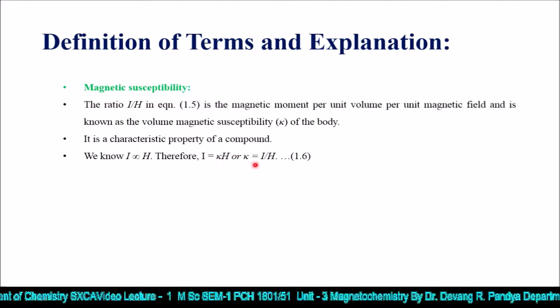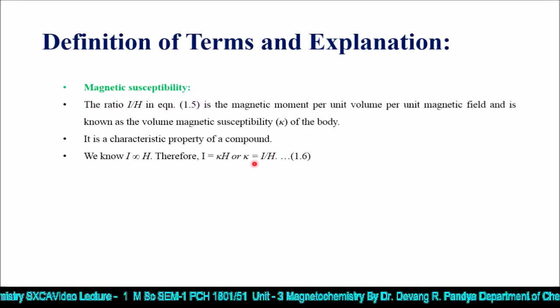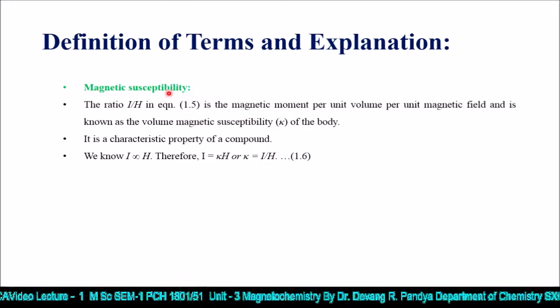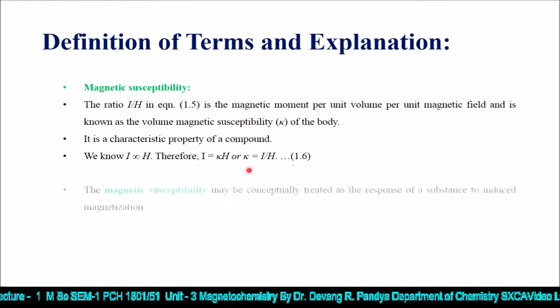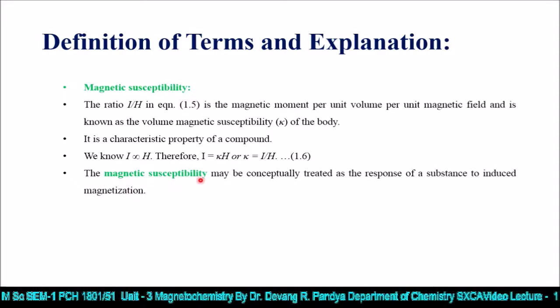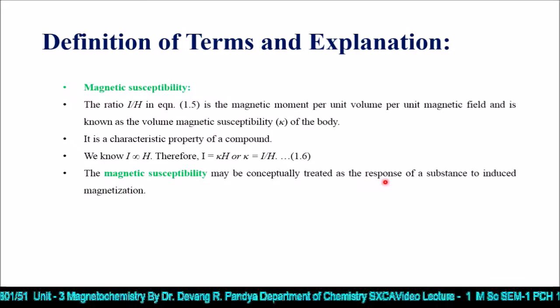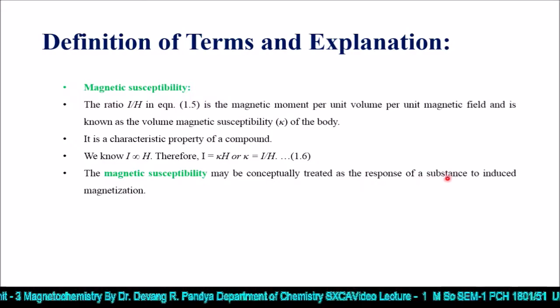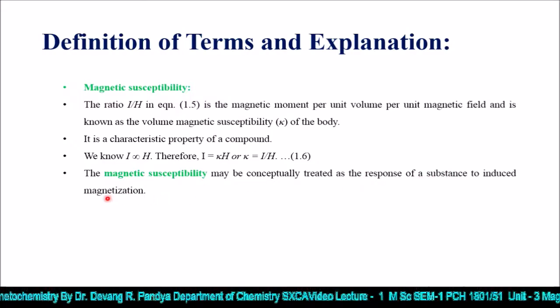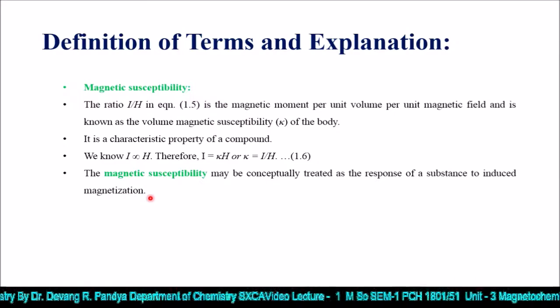I is equal to kappa H, and therefore kappa is equal to I by H, which represents the magnetic susceptibility. The magnetic susceptibility may be conceptually treated as the response of a substance to induced magnetization in any compound.